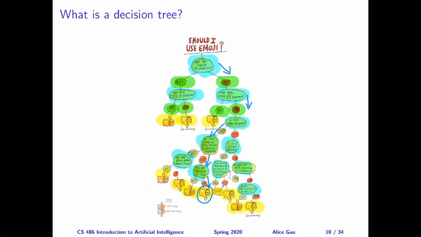Now, one last question I have on the slide is, if we convert a decision tree to a program, what does it look like? What do you think? Take a moment to think about this, then keep watching. The answer is that a decision tree corresponds to a program with a giant nested if-then-else structure.